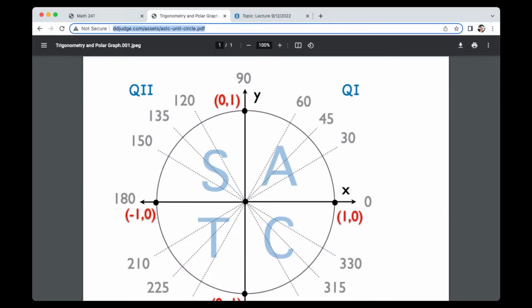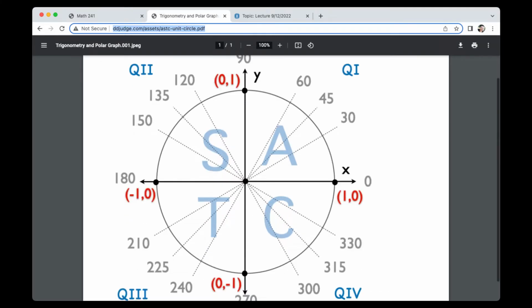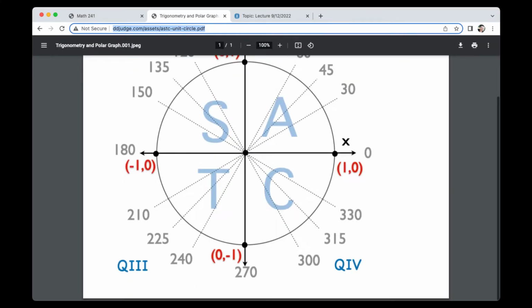Boy, when are you going to get away from these unit circles? Let's put that in there for you guys too. Where is this at? Come on. What's on this sheet anyway? Oh, it's just that picture.